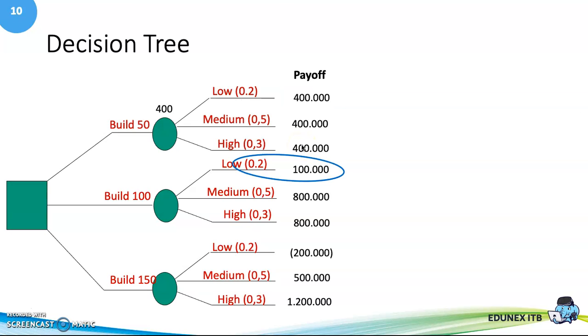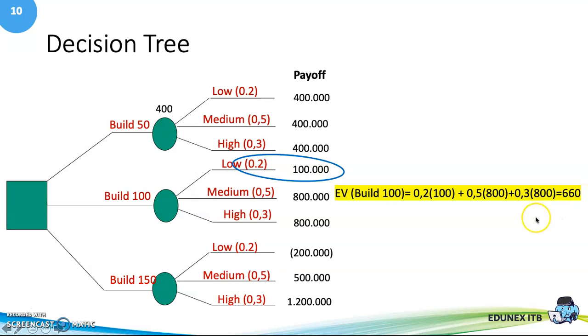And then the next is to build 100 units of houses. The expected value is the probability of low times 100, 0.5 times 800, and 0.3 times 800. So we got 660.